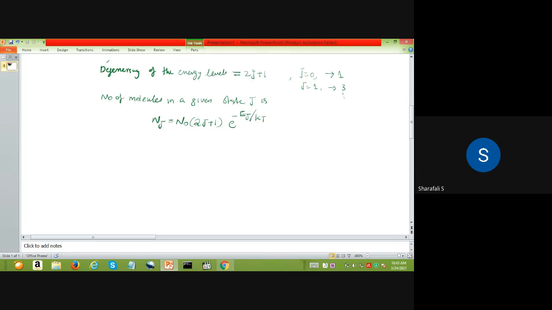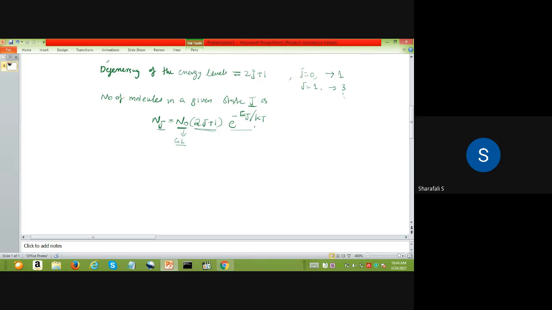So with respect to that degeneracy and this value, we have a different number of molecules at level J. The number of molecules at level J will be determined using this equation, where N0 is the ground state level, and NJ is any level higher than J equal to 0. We can calculate the number in that particular level using this equation.